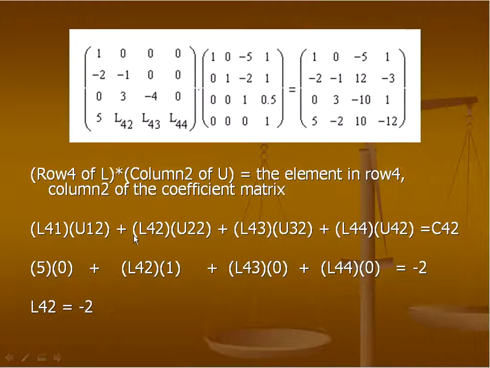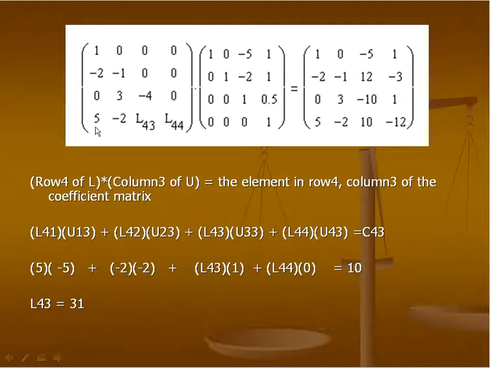Okay, so that gives us L42. Then row 4 times column 3 is equal to the item in row 4, column 3. Follow through. Okay, and that gives us L43.